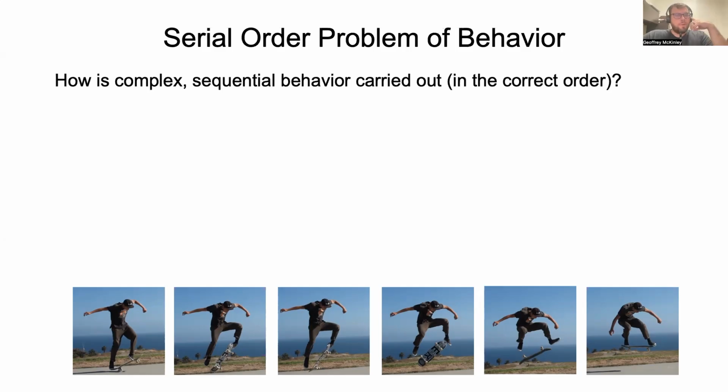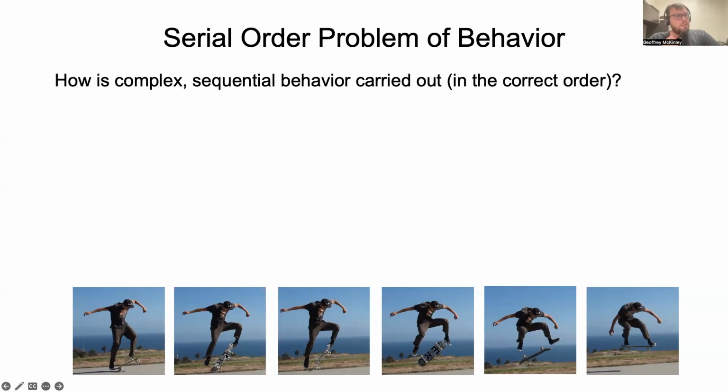So I use this example of a skateboarder doing a kickflip. This problem applies to almost all, if not all, complex behaviors, right? But here, in order to do a kickflip, the skateboarder needs to first pop their back foot on the back tail and then also jump and slide the front foot up and a little bit to the left on the skateboard.